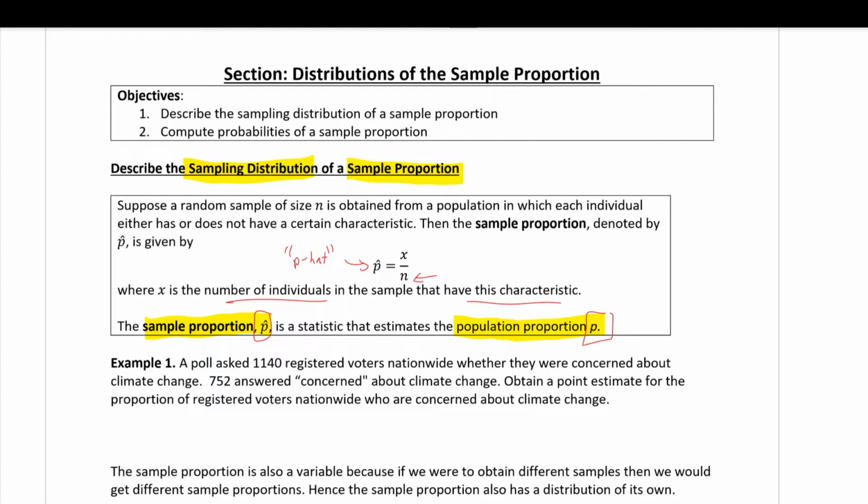For example, a poll asked 1,140 registered voters nationwide whether they were concerned about climate change. 752 answered concern about climate change. Obtain a point estimate, which is just a single value that estimates a parameter, for the proportion of registered voters nationwide who are concerned with climate change.